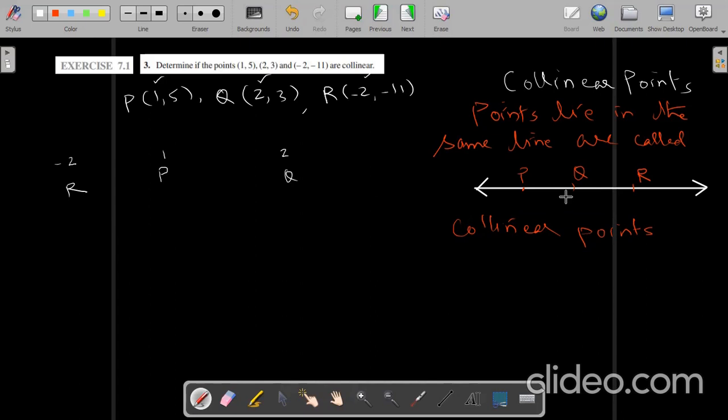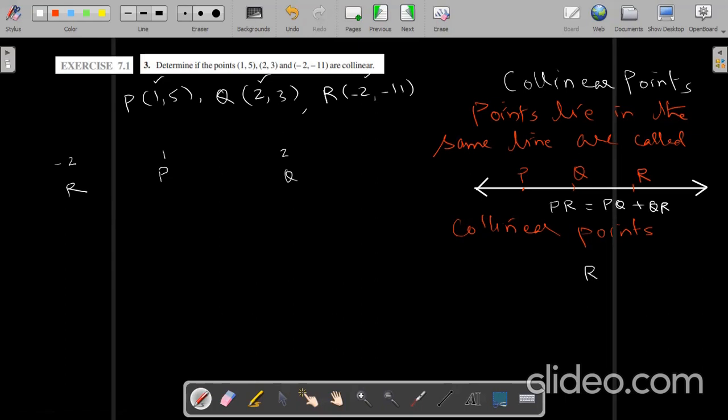If Q is in between the two points, then the distance PR will be equal to PQ plus QR. If the sum of the two distances is equal to the third distance, then we can say that the points are collinear.